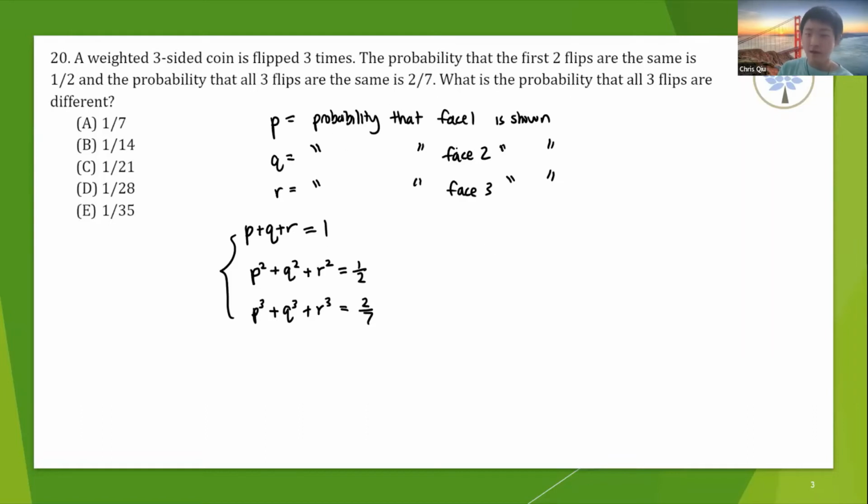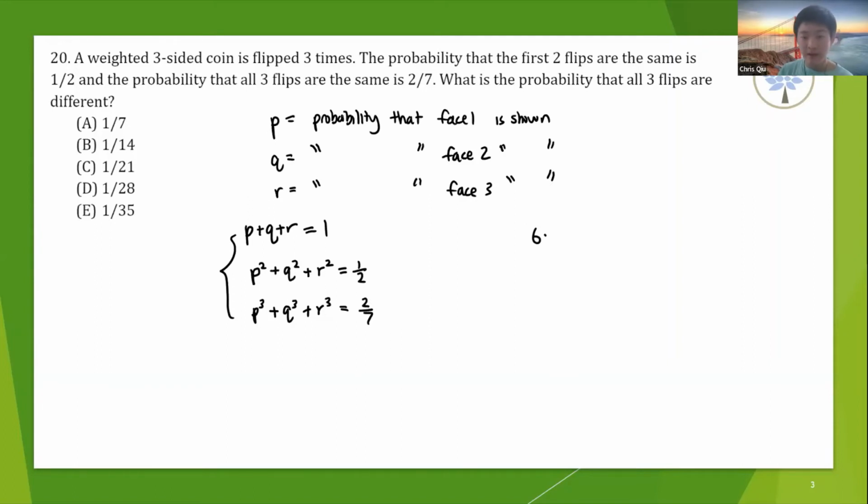And let's see what we want to find. We want to find the probability that all 3 flips are different. So there's going to be 6 ways to order these 3 flips. So we're going to have face 1, face 2, face 3, or face 1, face 3, face 2. The order matters in this case, and there's 6 possible orderings of these 3 faces in which these 3 flips are all different.